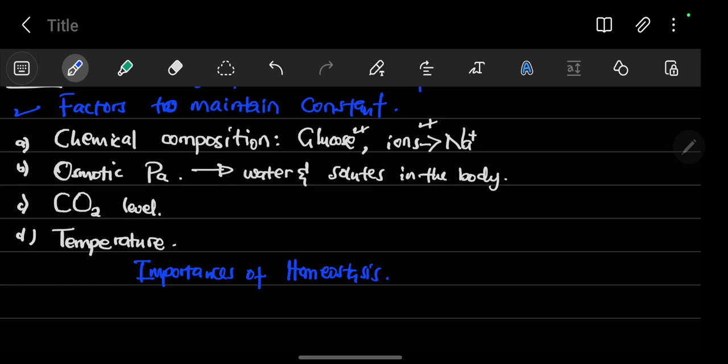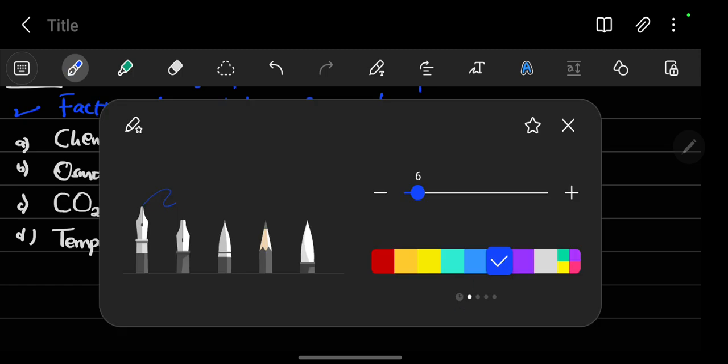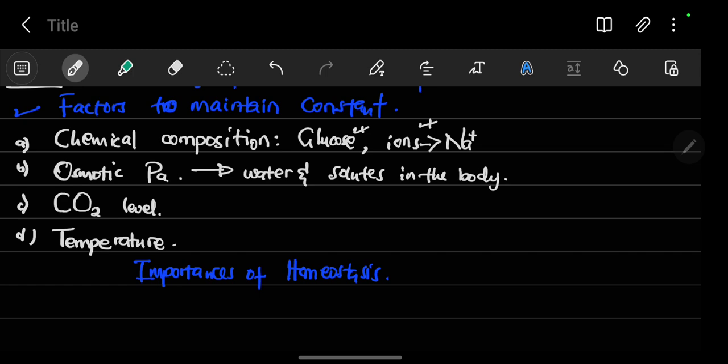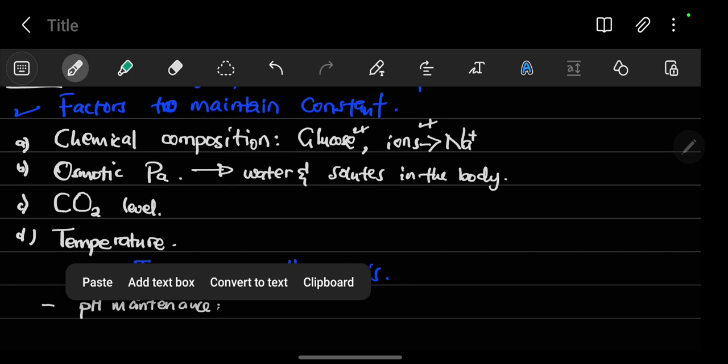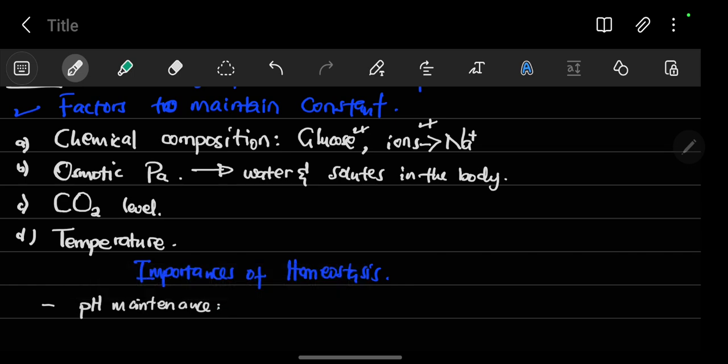One, we have maintenance of pH for the enzymes as one of the importances. So pH maintenance is one of the importances of this homeostasis.